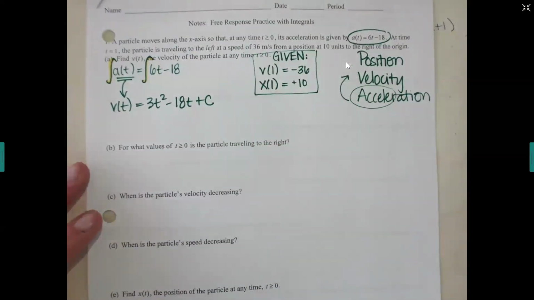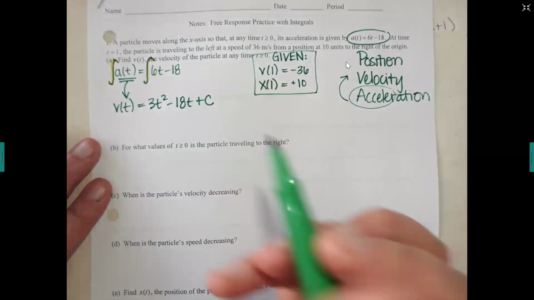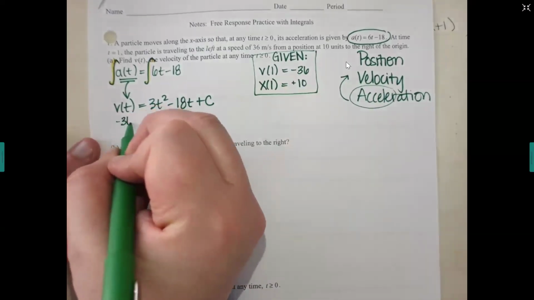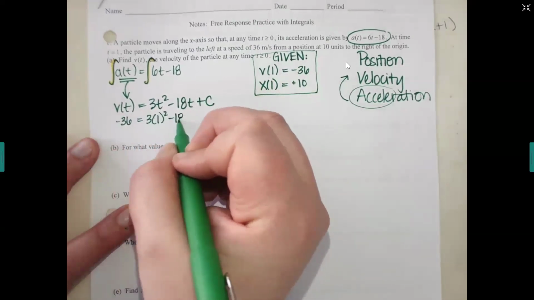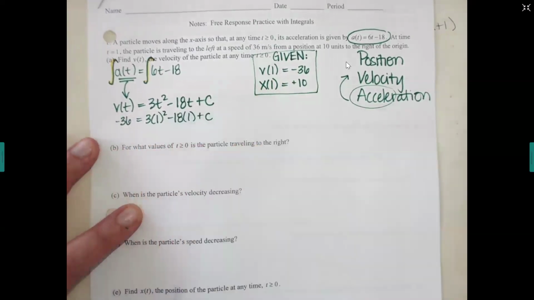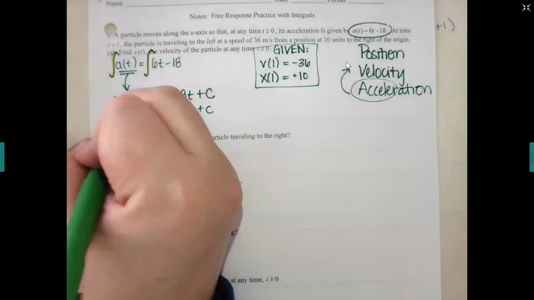Now, will I use the velocity or the position for part A? The velocity. So my v of 1 is negative 36. Then negative 36 should be the answer when I plug in a 1. So 3 times 1 squared is a 3. Minus 18 times 1 is 18.